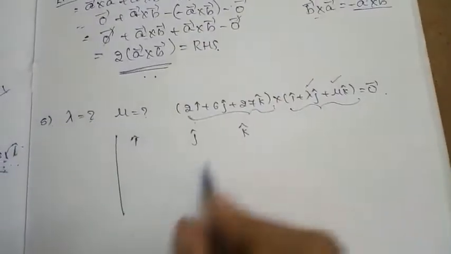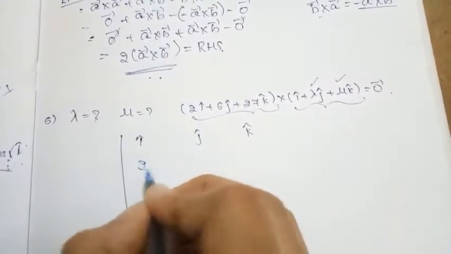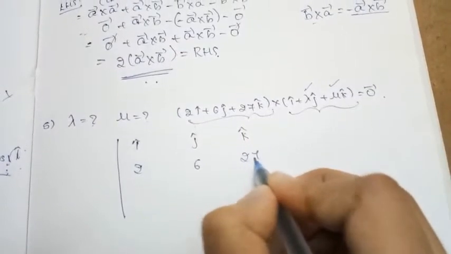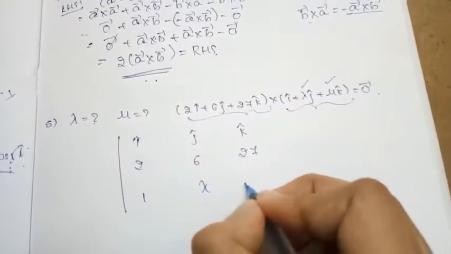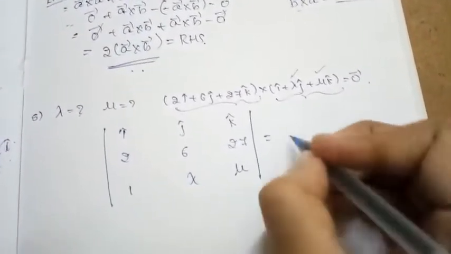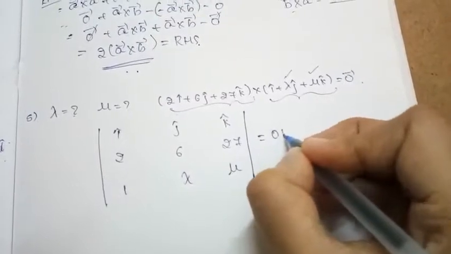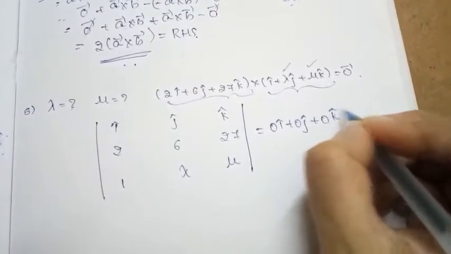First row i cap, j cap, k cap. Second row components of the first vector, that is 2, 6, 27. Next is components of the second vector 1, lambda, mu, which is equal to 0 vector. 0 vector implies it is nothing but 0 i cap, 0 j cap, 0 k cap.